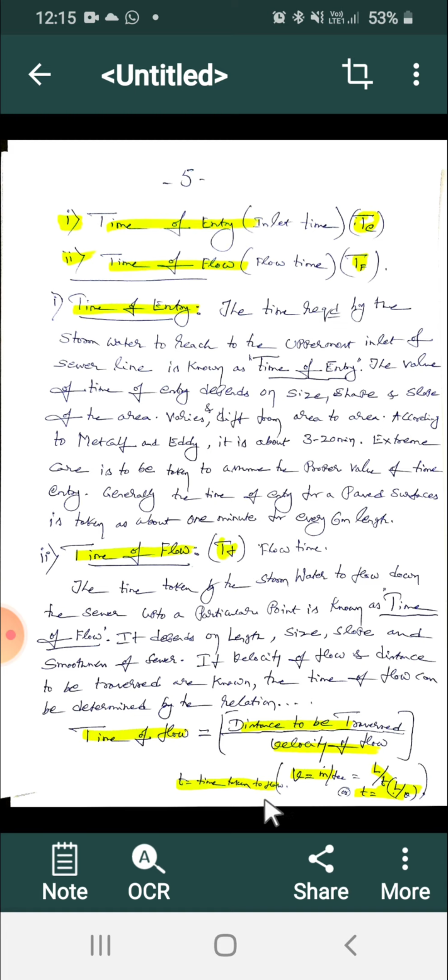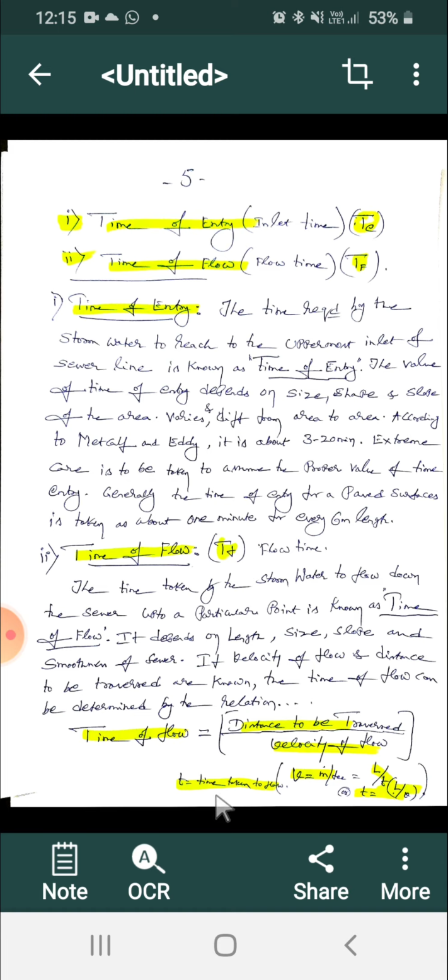T is the time of concentration, V is in meters per second, and V is L by T. The same equation is classified like this: one is the distance traversed, another is the velocity of flow. Now V is equal to L by T.